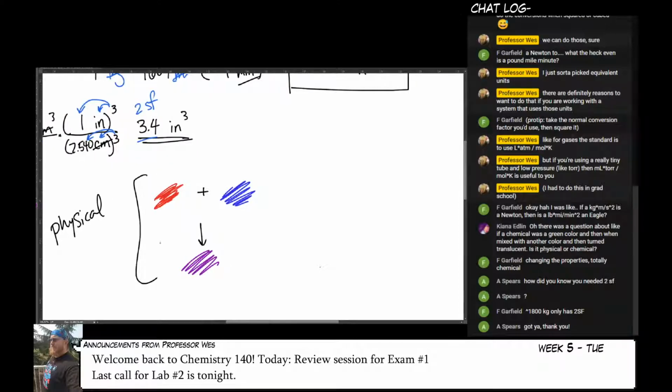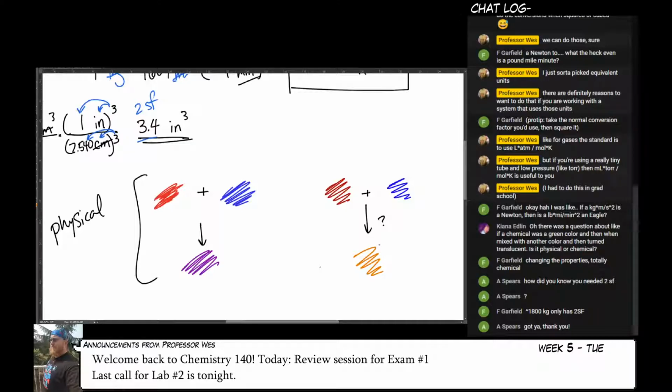However, if you did something like this, where you had a red liquid, and then you mixed it with a blue liquid, and the result that you got was, like, say, orange. That doesn't normally happen, right?